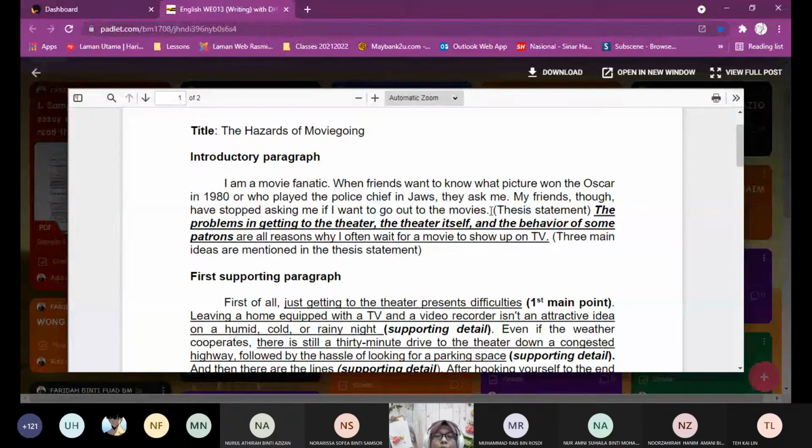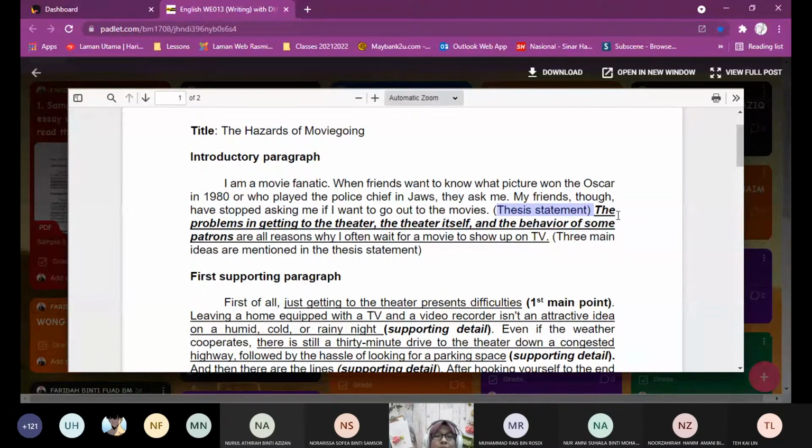But what I want you to focus on in the introductory paragraph is the thesis statement here. The thesis statement is the main idea for the whole essay. As soon as you read the thesis statement, you get to know what this person is going to write about.